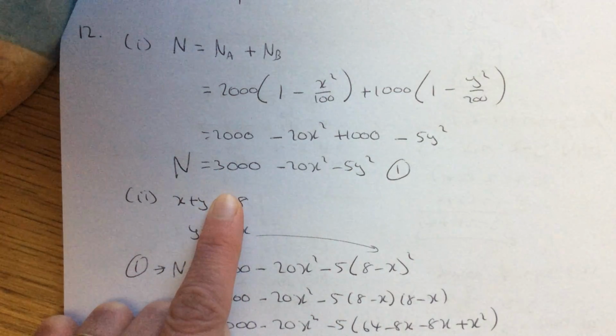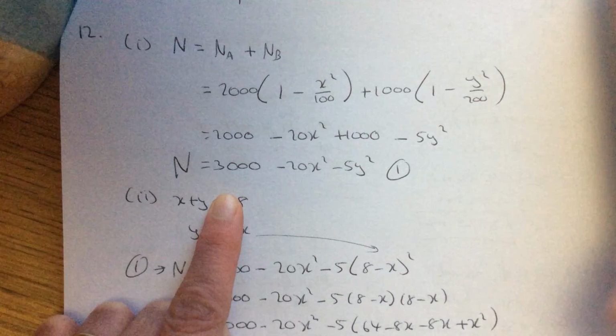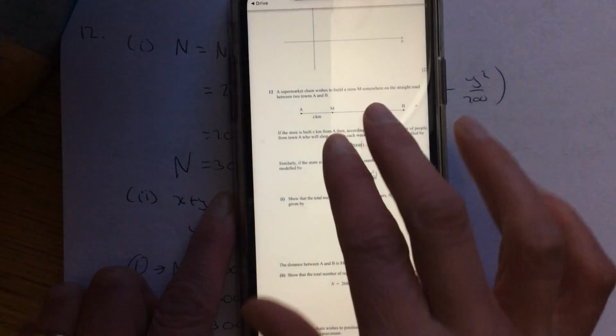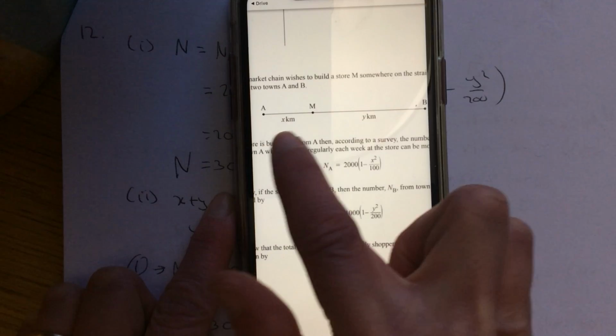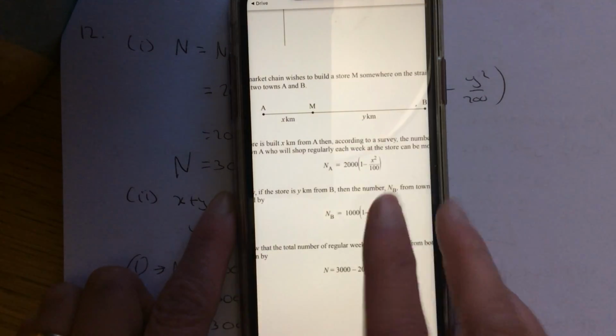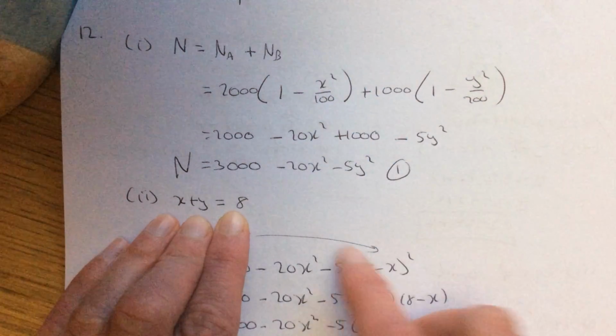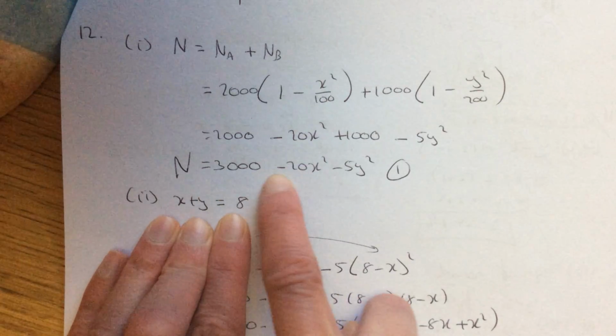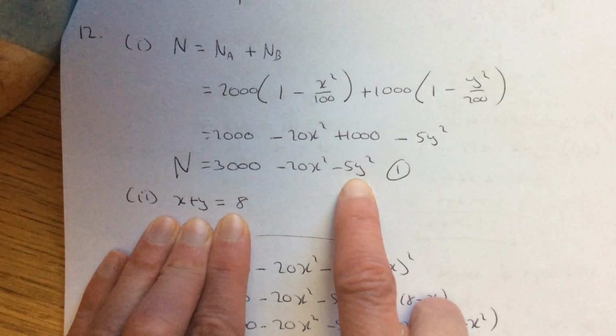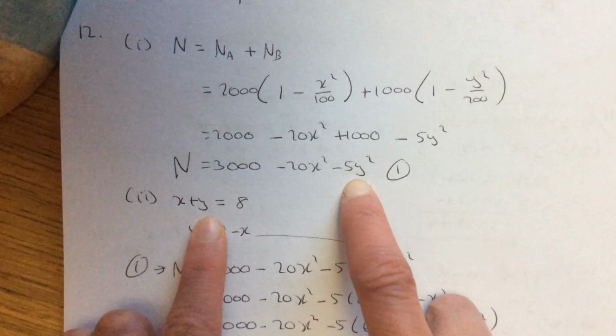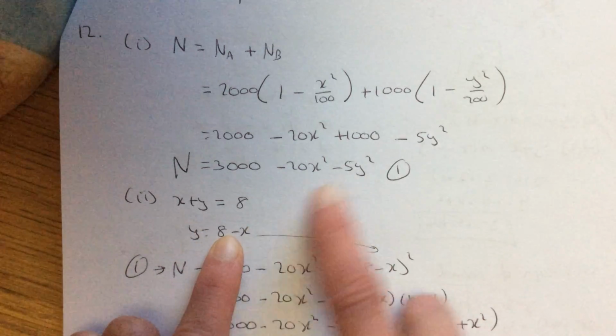The next wee bit there, the distance between A and B is 8. Now if you look at that wee initial picture, so x add y equals 8. So, do you see up here, you've got an equation with x's and y's in it? I can use this piece of information to get a y and put it in there.